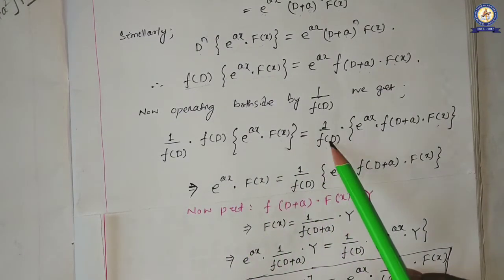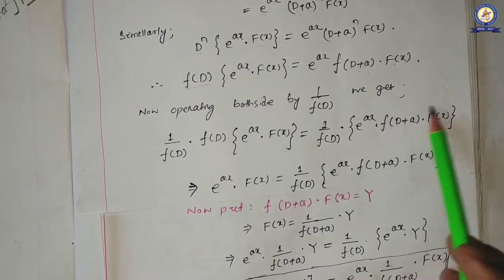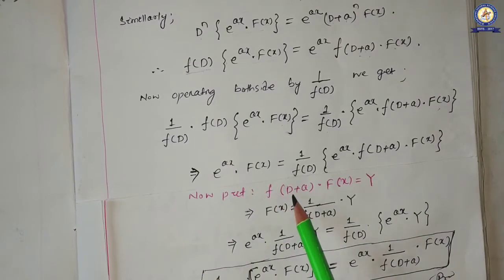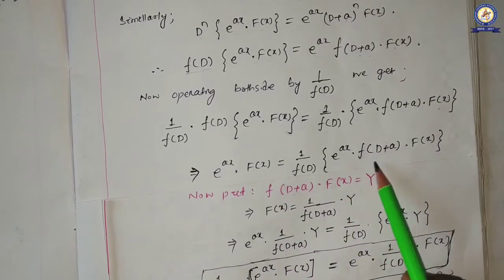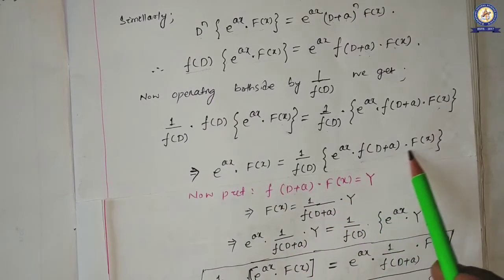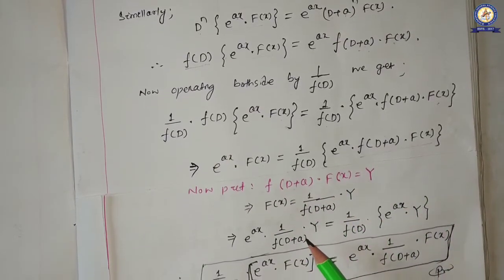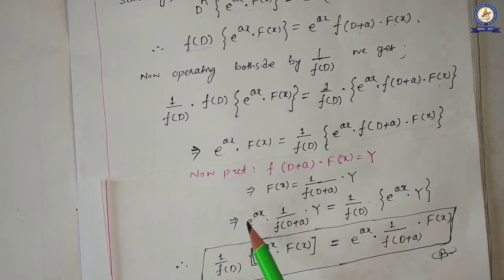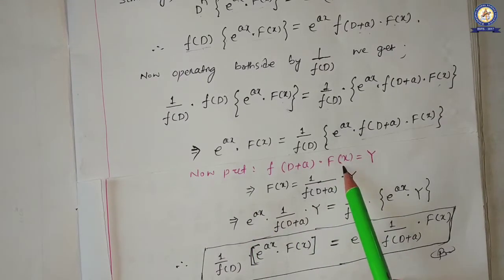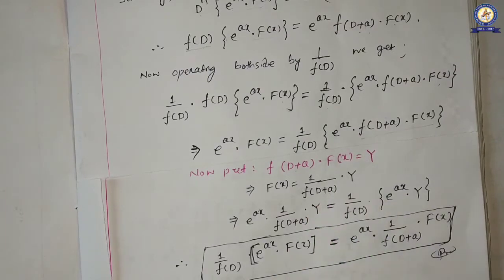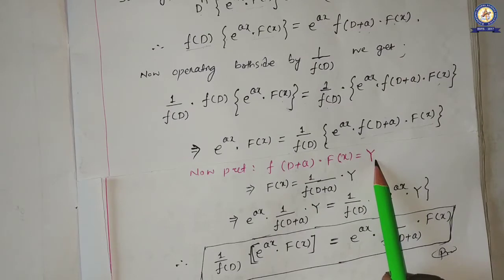Here 1 by f(D), 1 by f(D), and as such this term has been written here. Now we have to put f(D plus a) into F(x), this much. These two terms combined are considered as capital Y. That implies F(x) will be equal to 1 by f(D plus a) into Y.